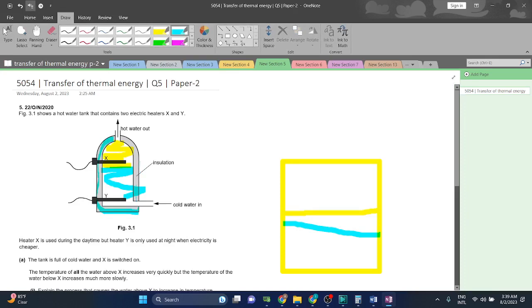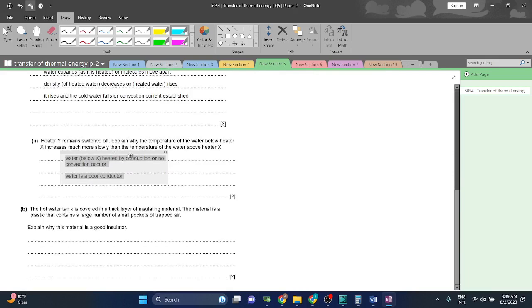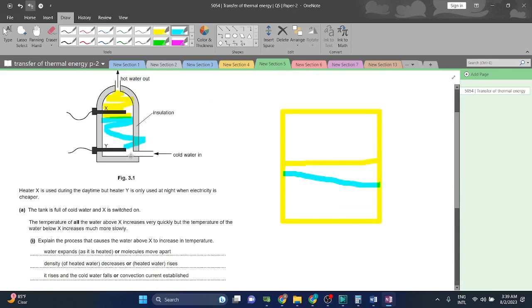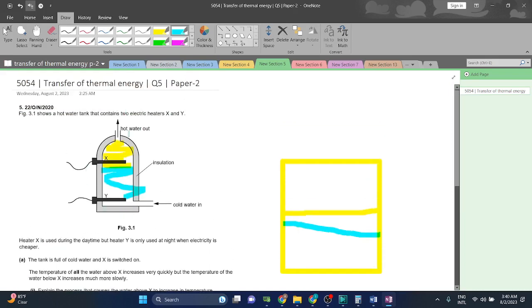So the small pockets of air will help because air is a poor conductor of heat, and the trapped air inside the pockets will create an insulation layer.